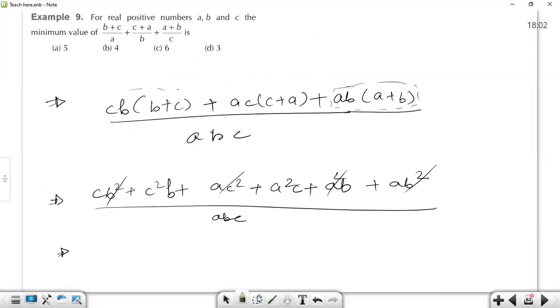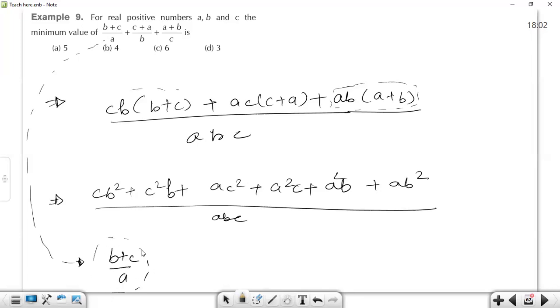So let's consider some terms, so b plus c divided by a.